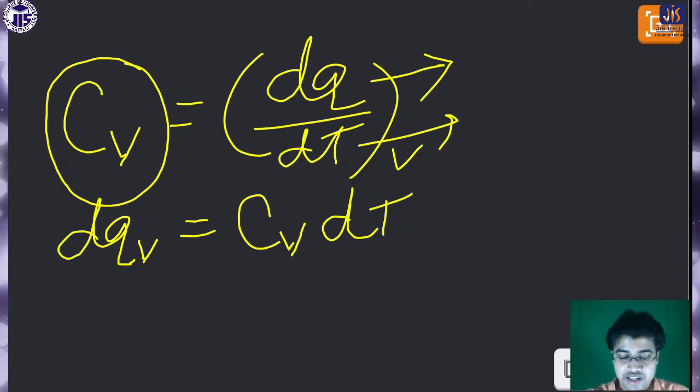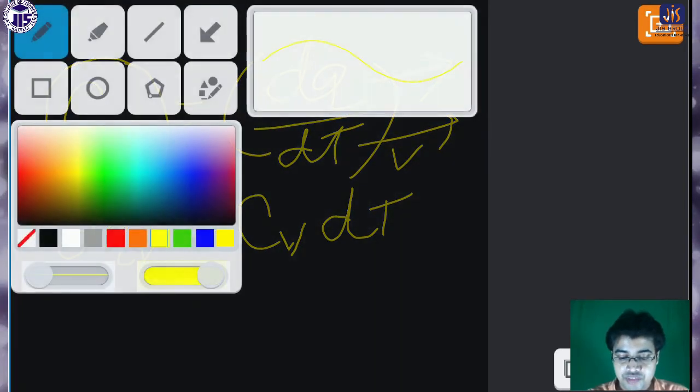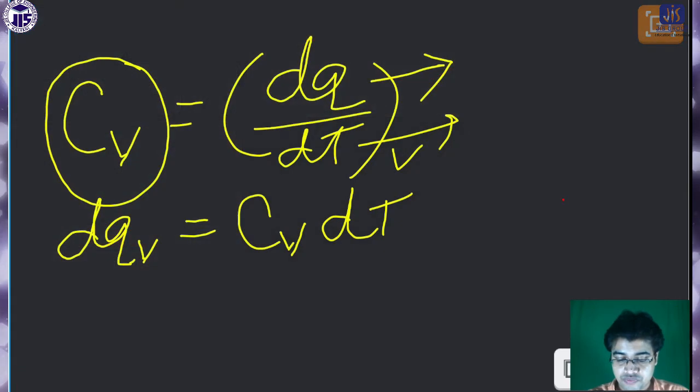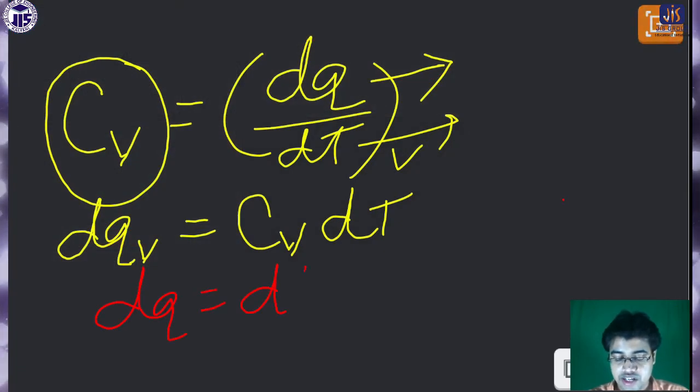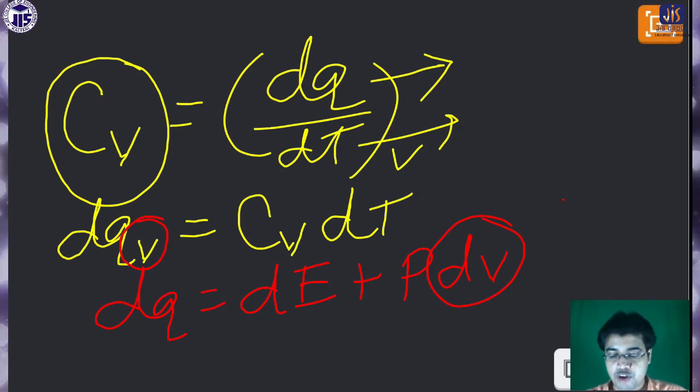Now what is the meaning of dqv? You know that dq equals dU or dE plus p dV from the first law of thermodynamics. Now at constant volume, dV will be 0.